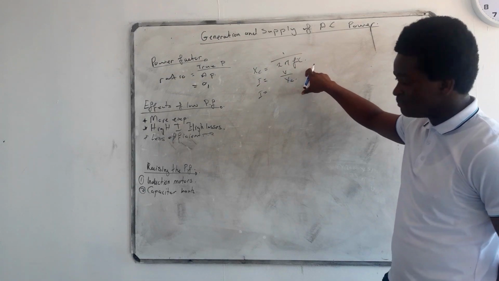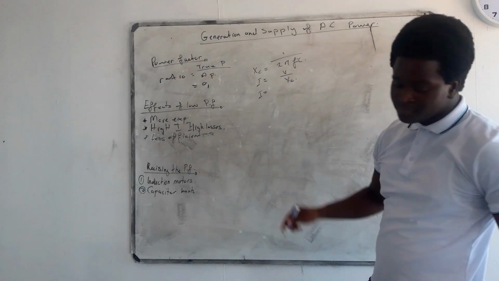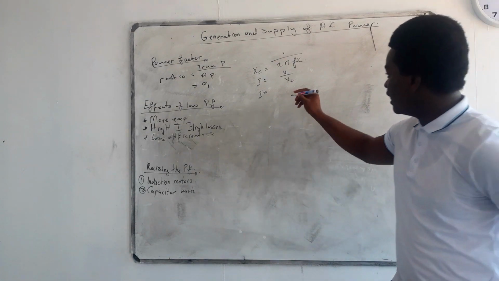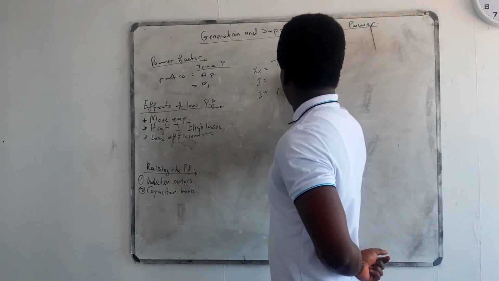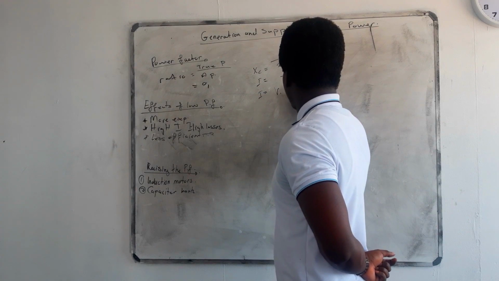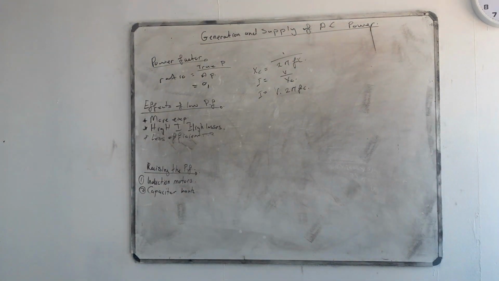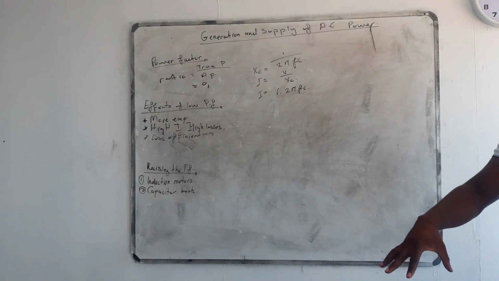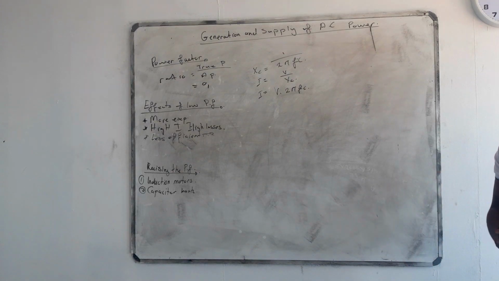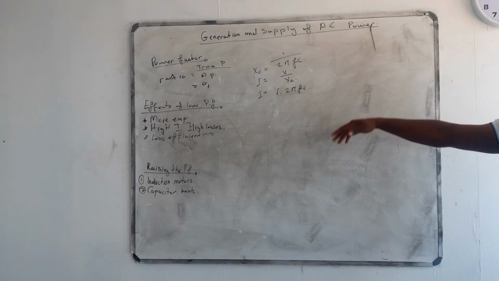Which is mathematically correct. Let me write it down: I = V × 2 pi FC. I'm anti-formulas, by the way. I don't like formulas. That's why I want you to know where everything is coming from.